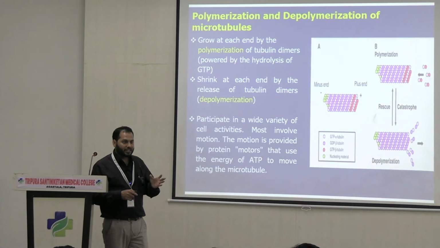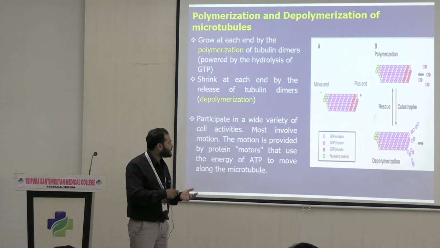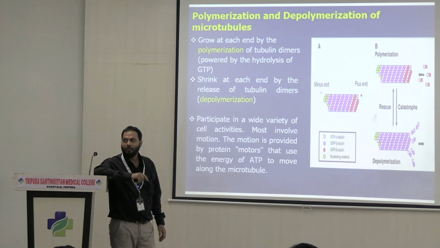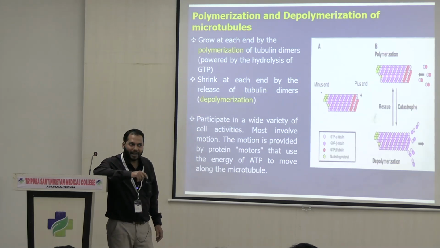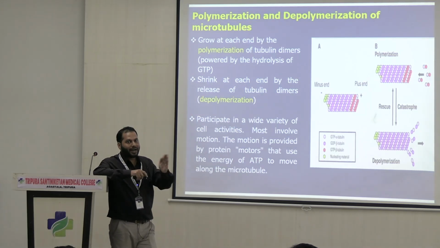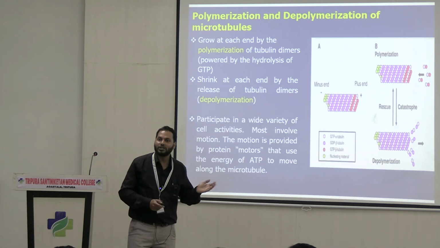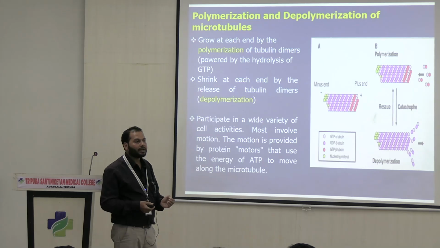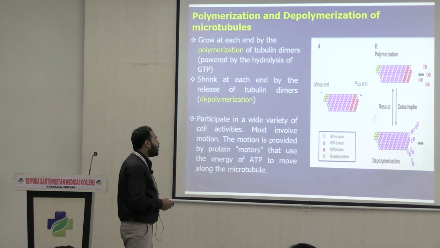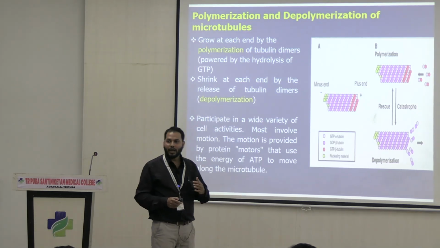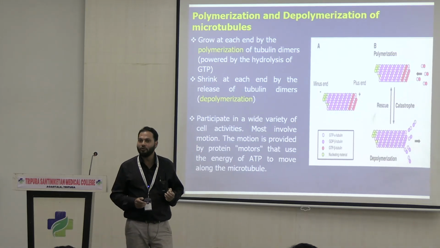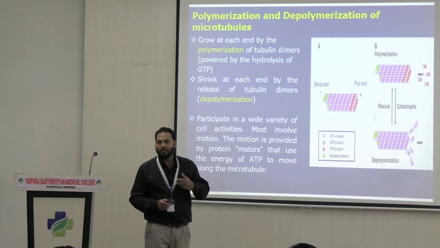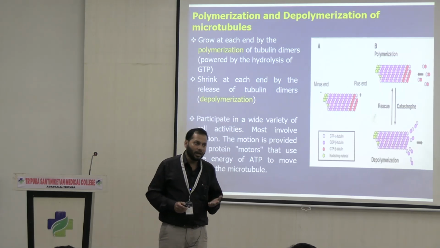During polymerization, the most important feature is the binding of tubulin dimers at one end, while at the other end there is a detachment of tubulin molecules. Both the binding and detachment of tubulin molecules depend on phosphorylation and dephosphorylation events.